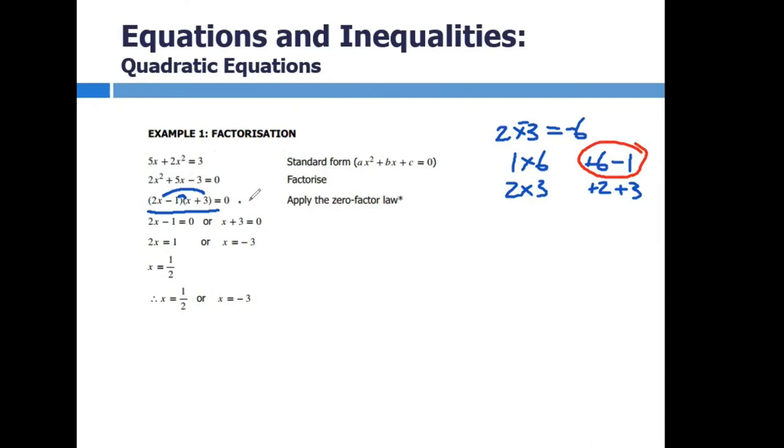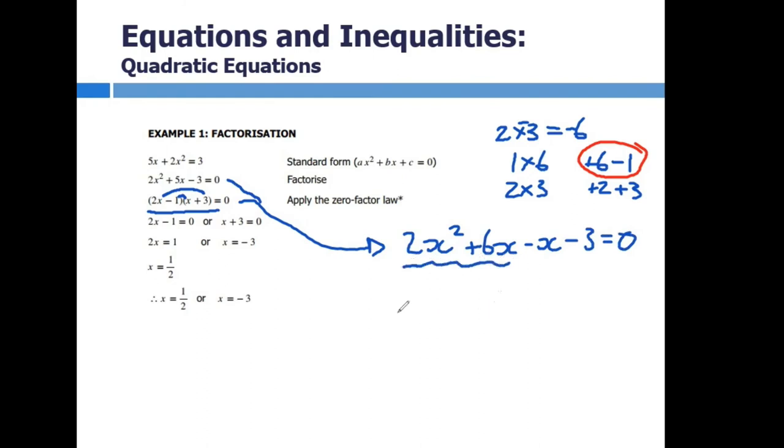Okay, so if we're using that grouping method, from here we're going to write it as 2x squared plus 6x minus x minus 3 equals 0. Taking out a common factor from our first terms, I get 2x.